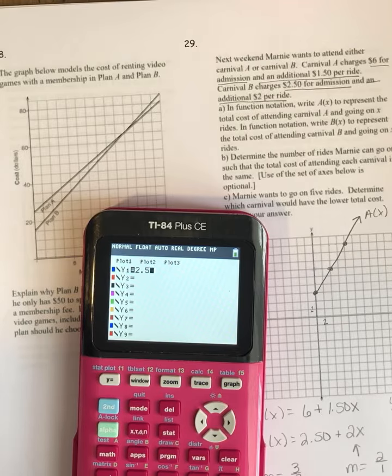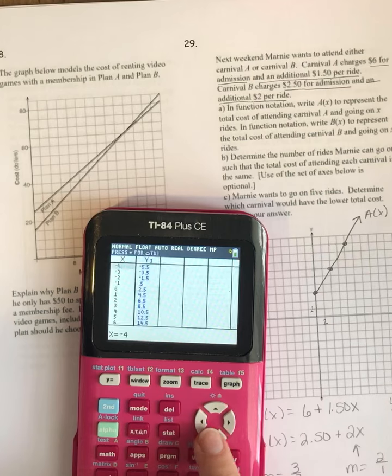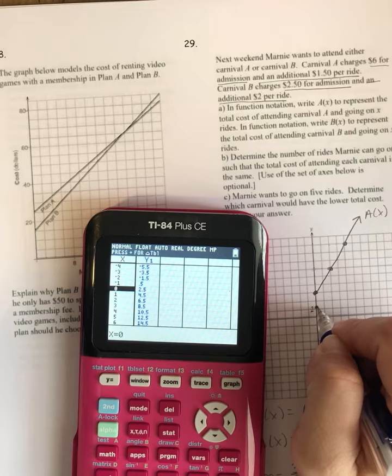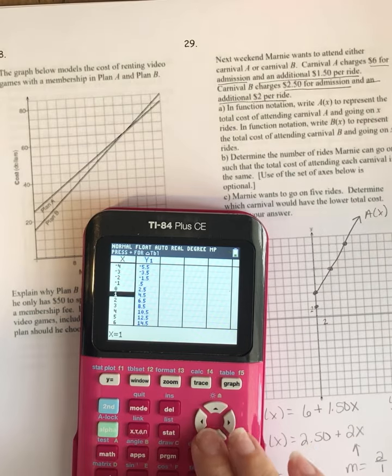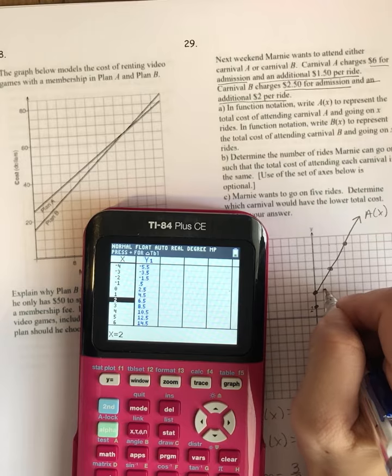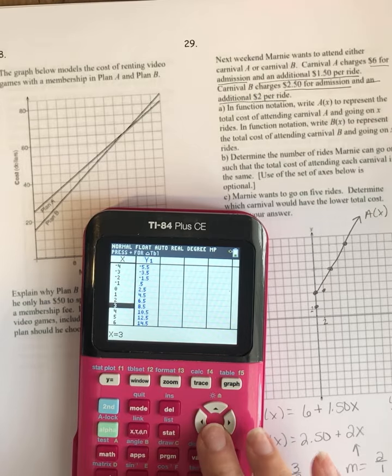So it's 2.5 plus 2x. I'm going to hit second table, and I'm going to look at my values in my table. So at 0, we're at 2.5, which was about here. At 2, we're at 6.5, so 2, 4, 6.5, which is about there.